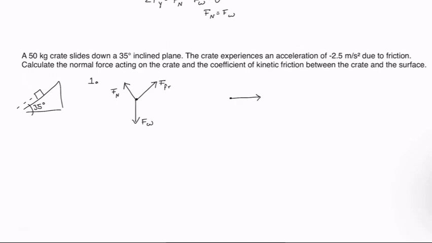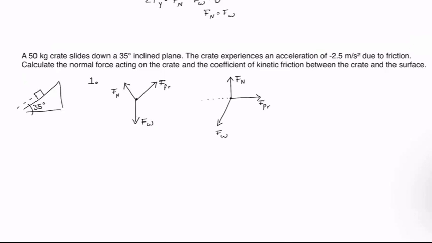So I'm going to have my friction force go completely this way. This would mean that now my movement is going this way. Okay, so keep that in mind for the rest of the steps.